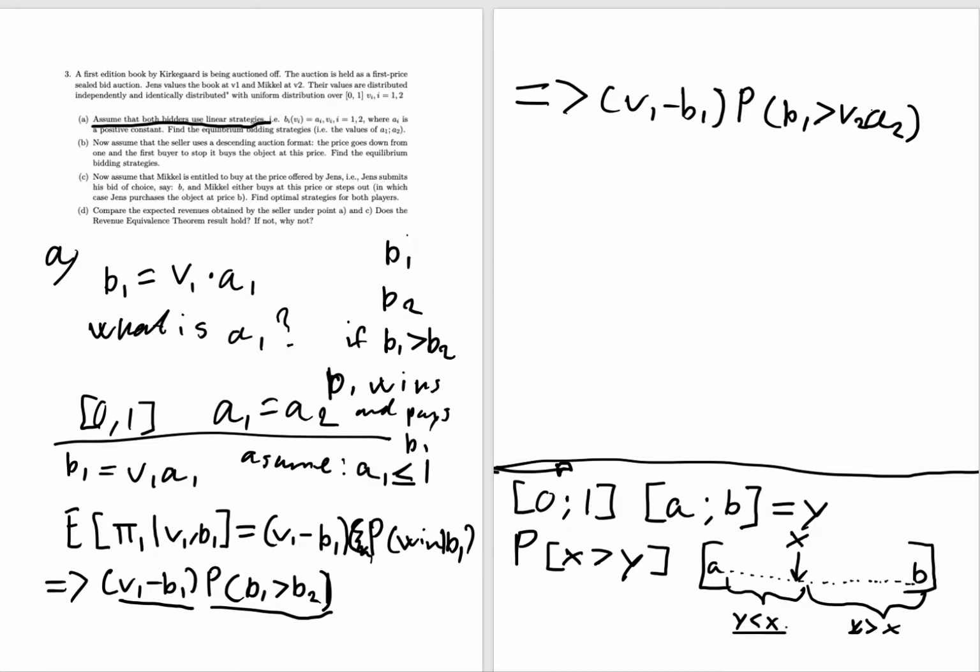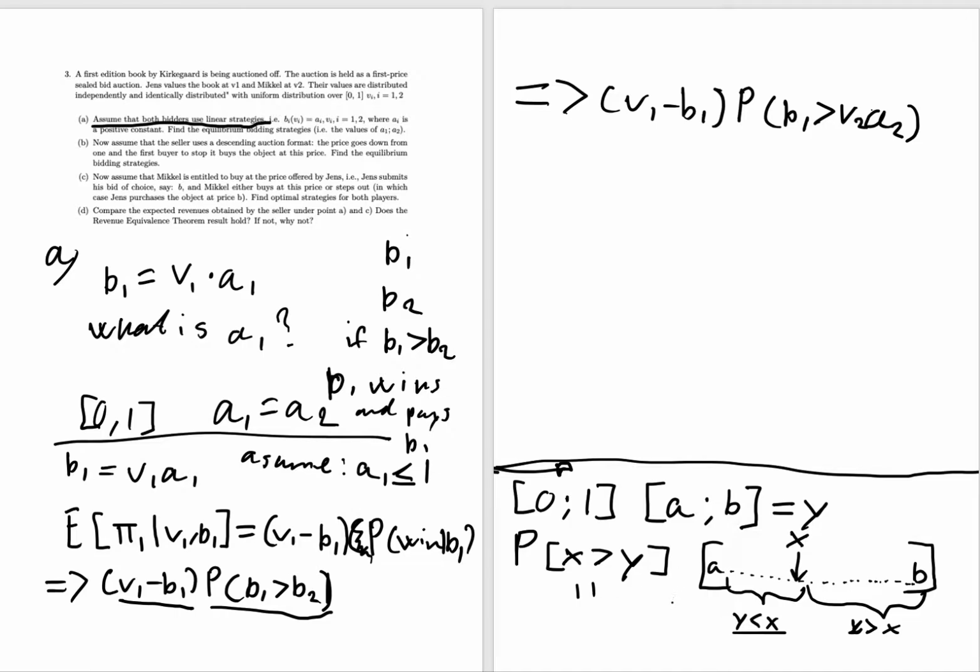So what we're essentially trying to find out is what is the distance between A and X compared to the distance between A and B. And that's exactly what we're going to be doing now.